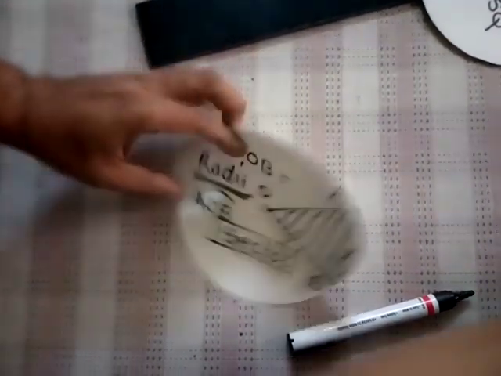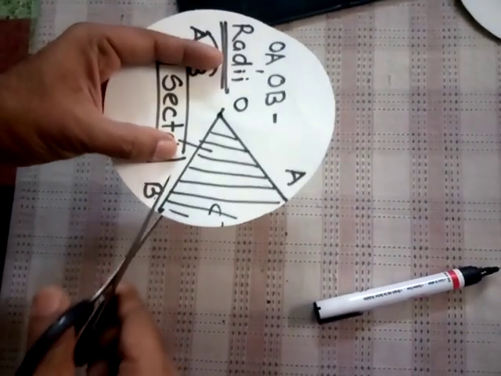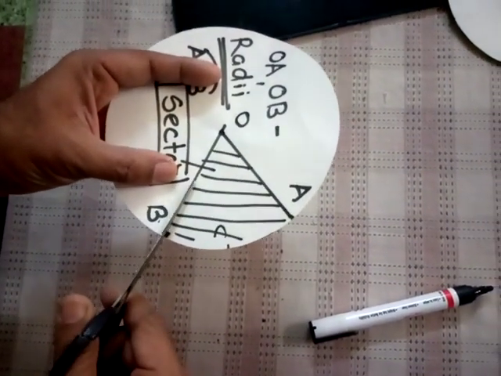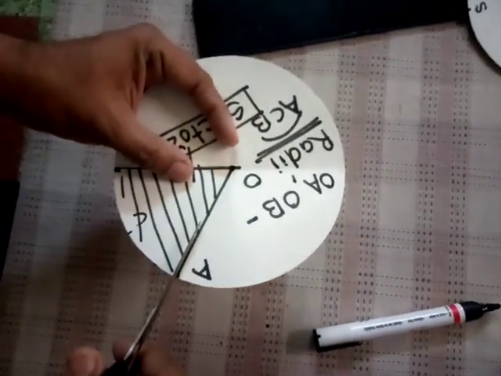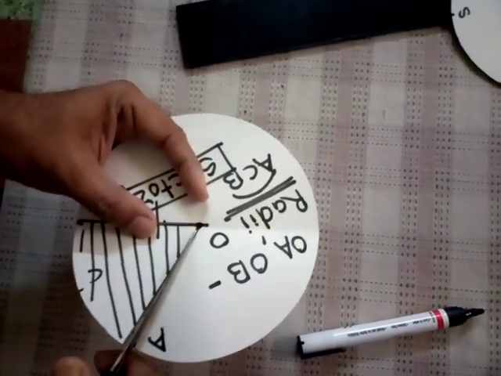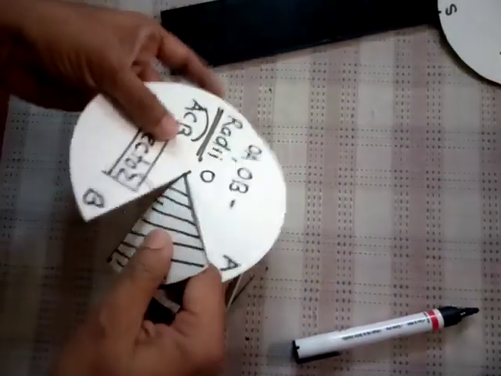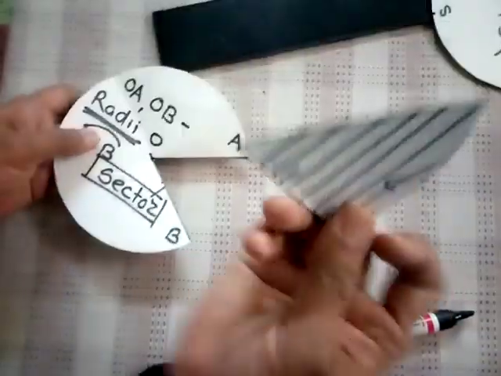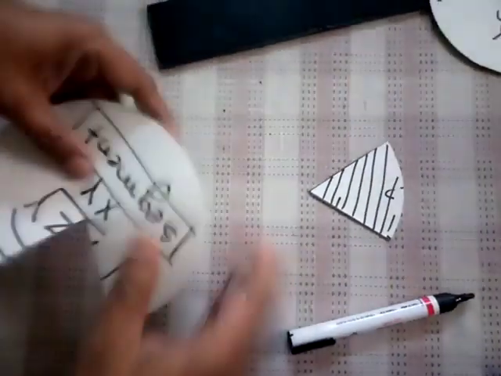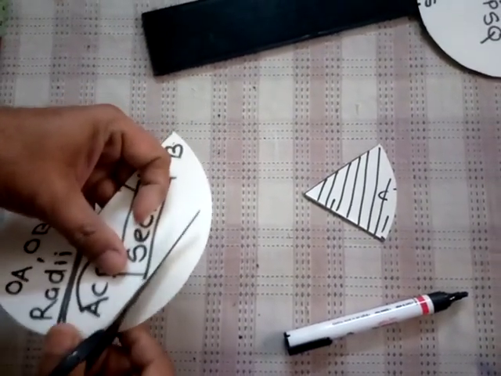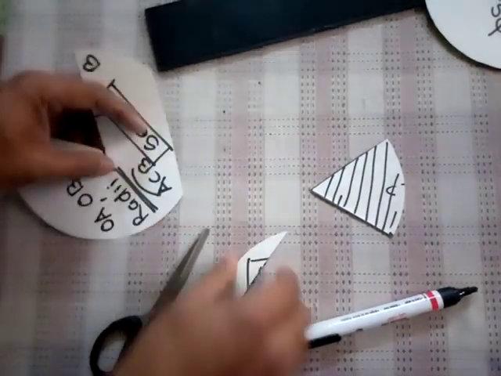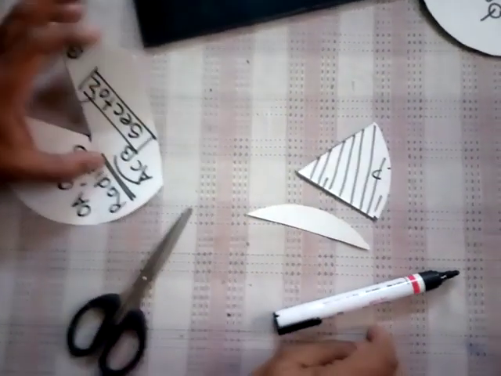Let us cut out this sector so that we can easily find out which part is a sector of a circle. So I am going through the radius. This part bounded between the two radii of the circle is known as the sector of a circle. On the other hand, if I take a chord of a circle, then this part is known as a segment of a circle.